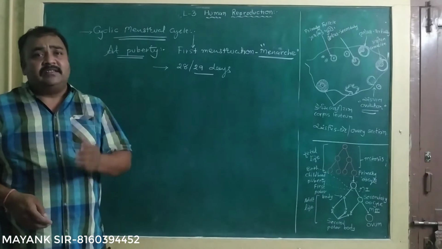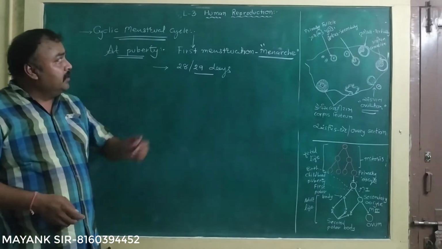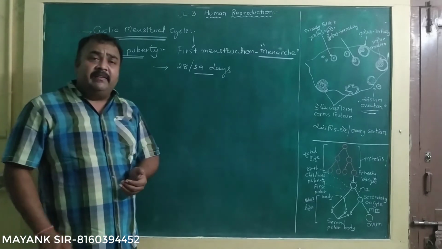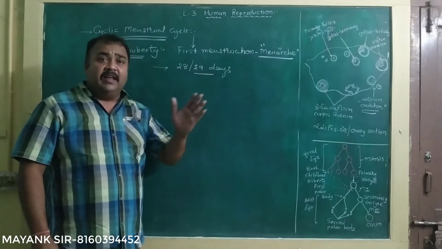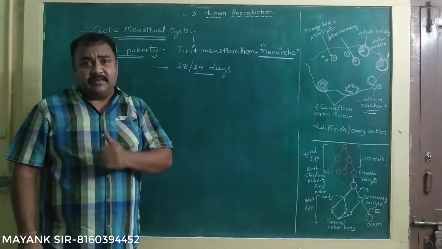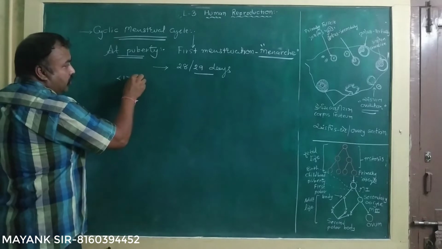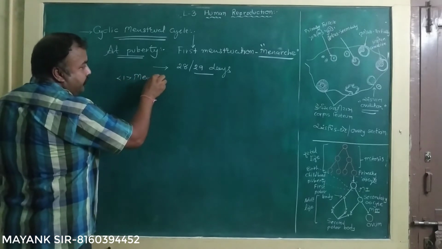For ease of understanding, we can divide the events occurring during the menstrual cycle into 4 different phases. The first phase is called the menstrual phase.